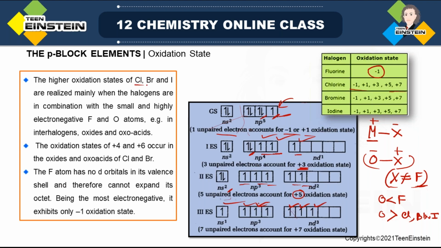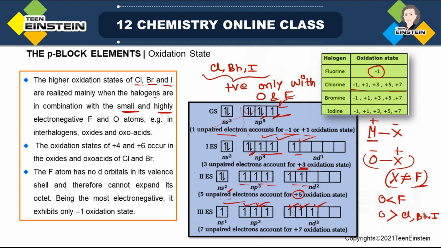So higher oxidation states of these 3 halogens, not fluorine, are realized mainly when halogens are in combination with small and highly electronegative fluorine and oxygen atoms. The meaning of this line is, for these 3 halogens, chlorine, bromine, iodine, they can have positive oxidation state only with those elements which are more electronegative, then only they can achieve positive oxidation state. And the more electronegative elements are oxygen and fluorine.